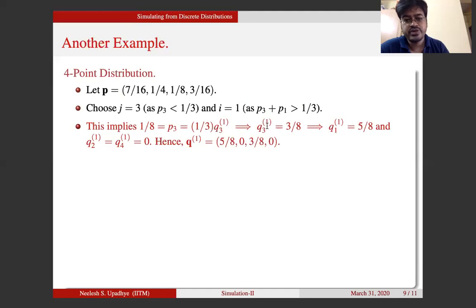So that gives me Q13 to be equal to 3 by 8. The buddy of 3 is 1. So Q11 will be 5 by 8. And there are two other points, 2 and 4, which will have probability 0. So my Q1 here is 5 by 8, 0, 3 by 8, 0. Now the next thing is very crucial.